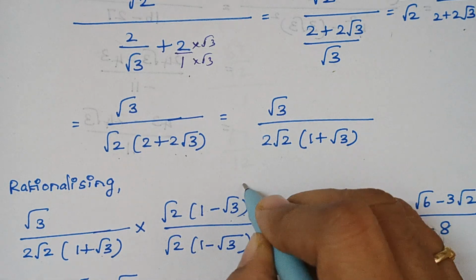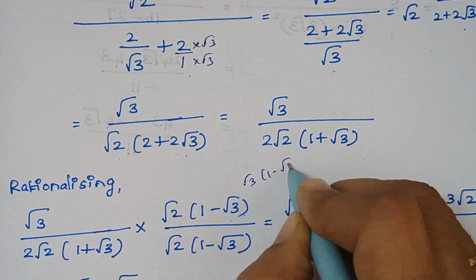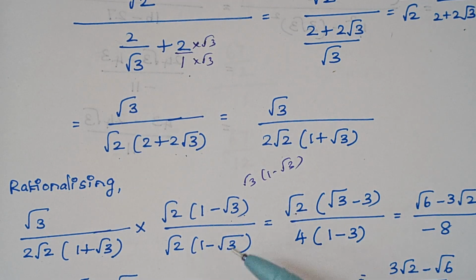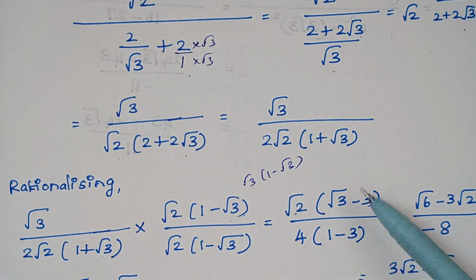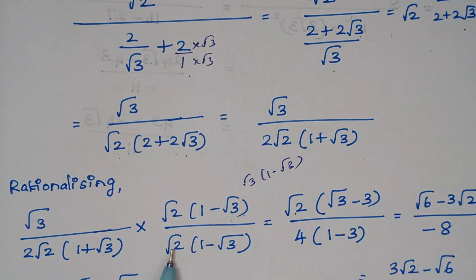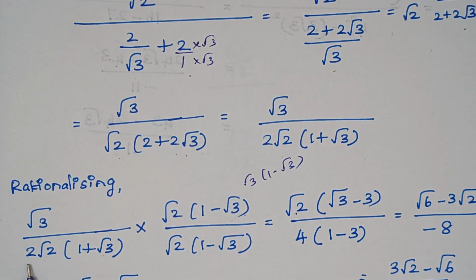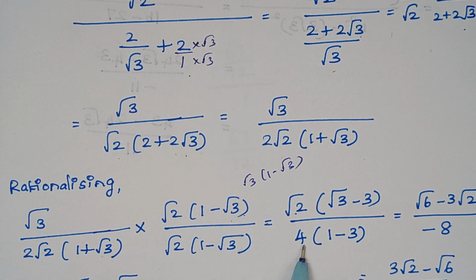So root 3 into 1 is root 3 and root 3 into root 3 becomes simply 3, with this minus sign here. In the denominator, root 2 into root 2 becomes 2. So 2 into 2 becomes 4. Therefore, here it is 4.